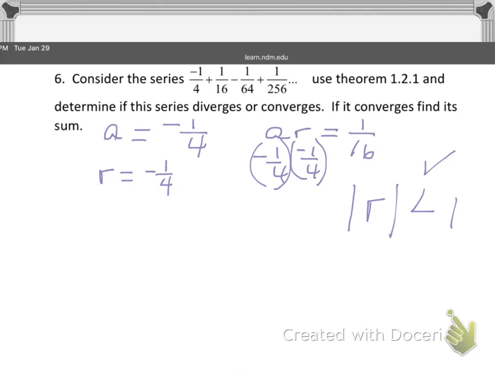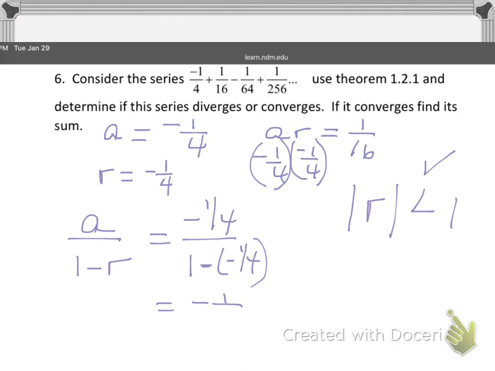So let's figure out where it converges. If you add up all the terms, what will you get to? The formula is just a over 1 minus r. So I have negative 1/4 over 1 minus negative 1/4. That's negative 1/4 over 5/4.